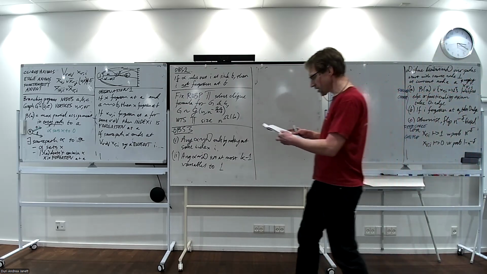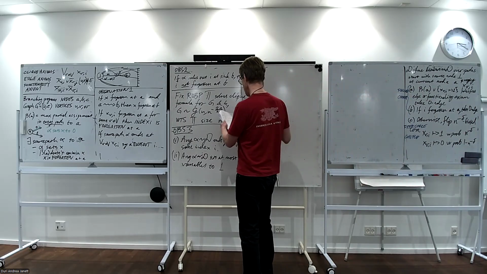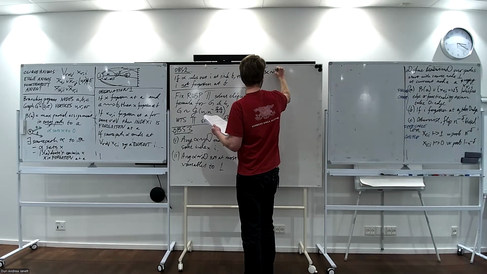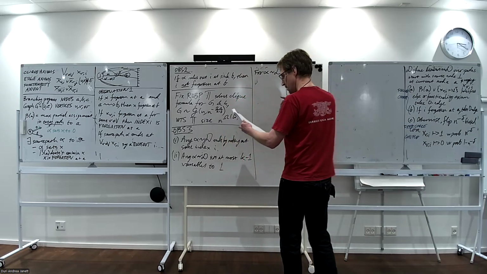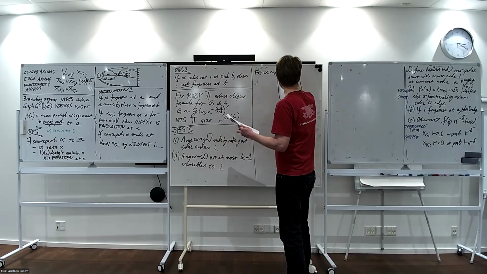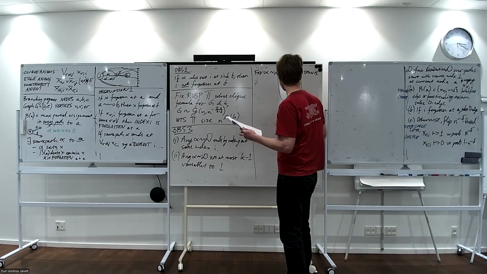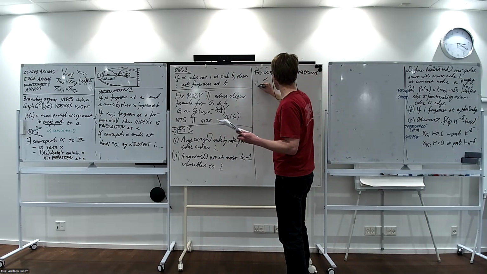So this gives the following idea. For any alpha in D, we define waypoints along the path. So here's alpha.